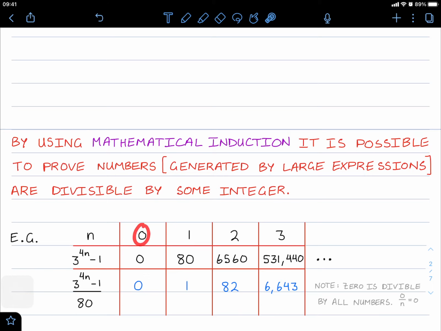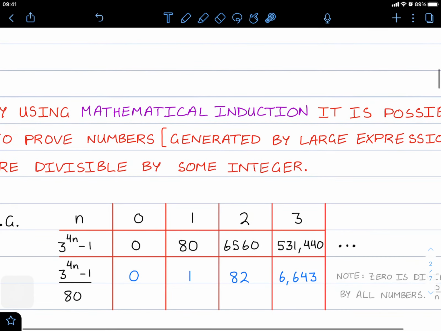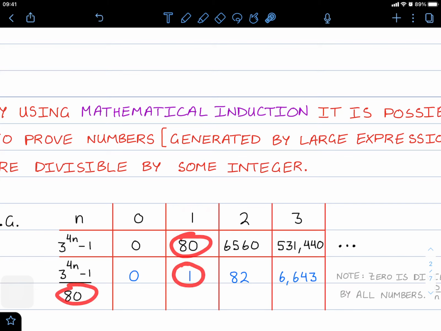When we substitute 0, 3 to the power of 0 is 1, take away 1 is 0. 0 divided by 80 is 0. When we substitute 1, we get 80. 80 divided by 80 is 1.